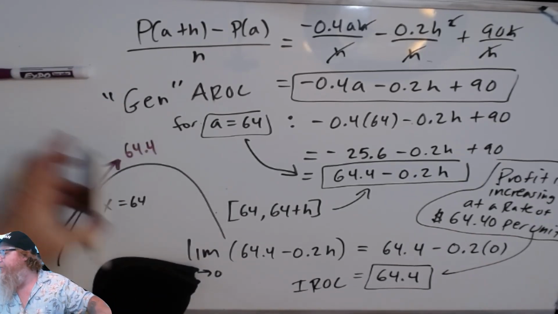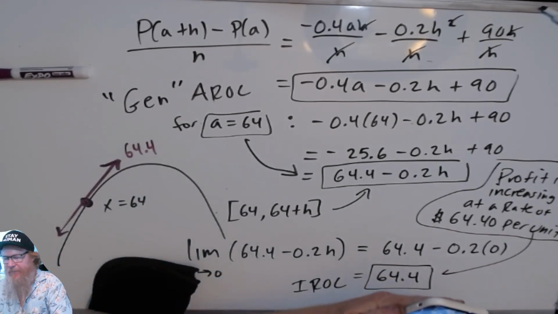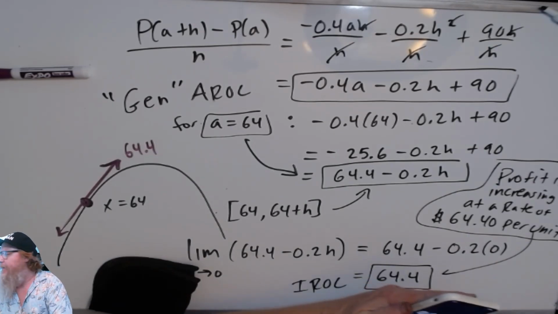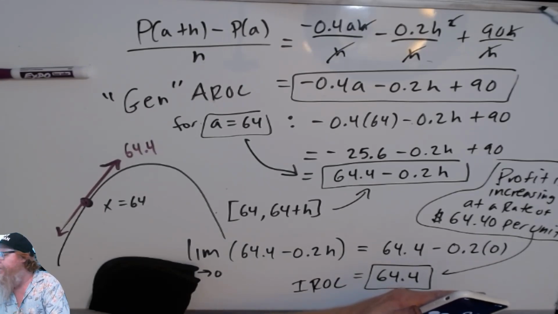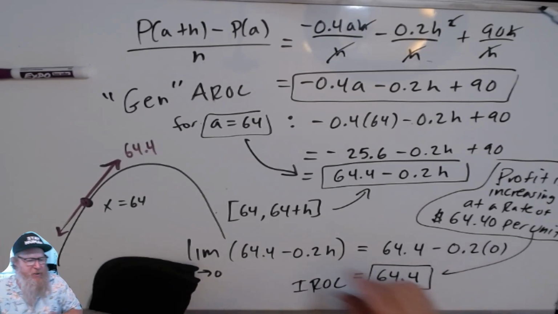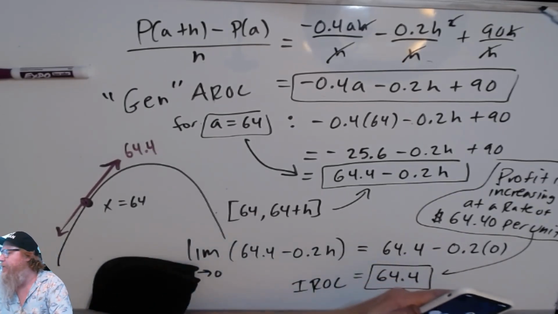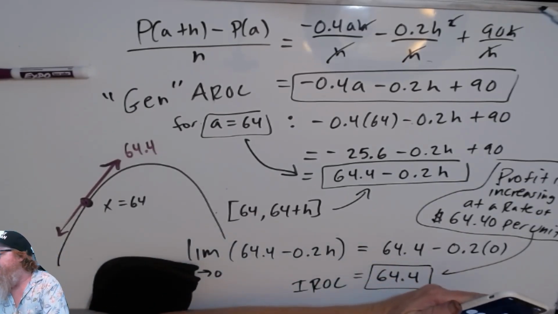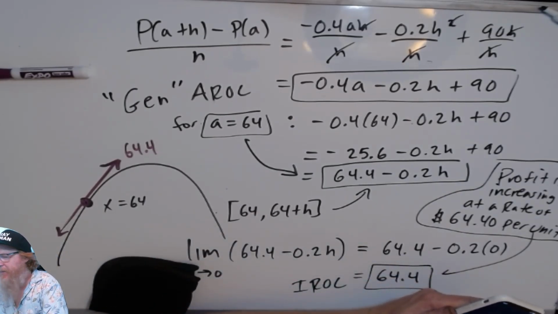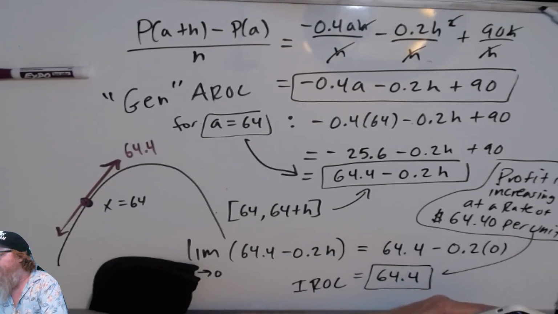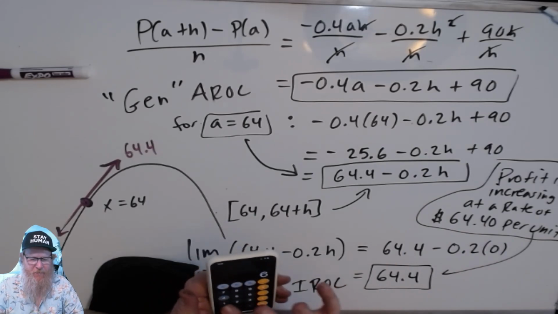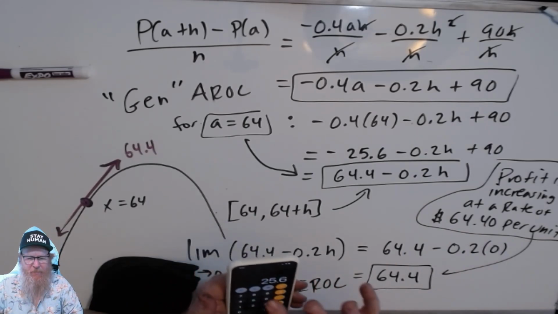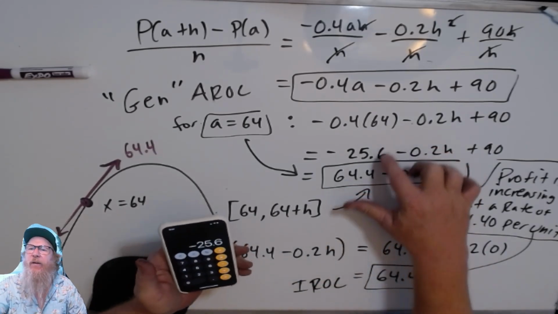I do want to double check that though. So I've got a 0.4. It's a coincidence that they both have the number 64 in them. So it's 0.4 times 64. Yeah, 25.6.